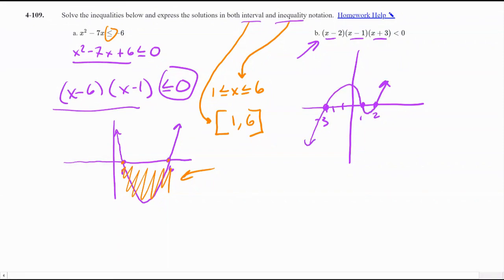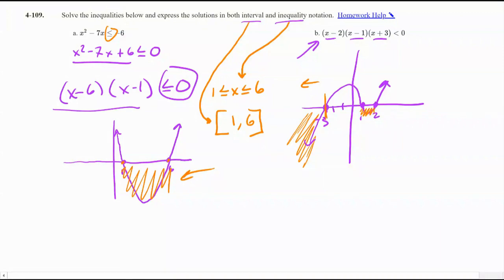And I see that there are 2 parts where it's less than 0. Everything over here, so when x is less than negative 3, and also this part right here between 1 and 2.